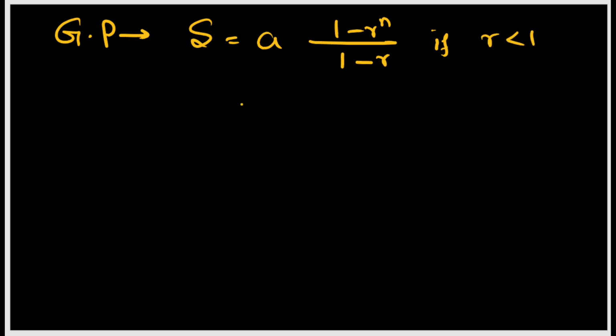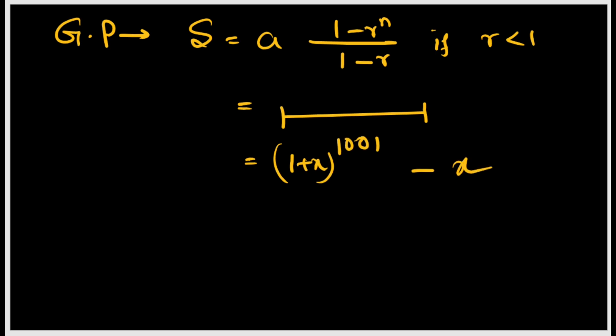Then we find the sum of this GP series, which gives 1 plus x power 1001 minus x power 1001.